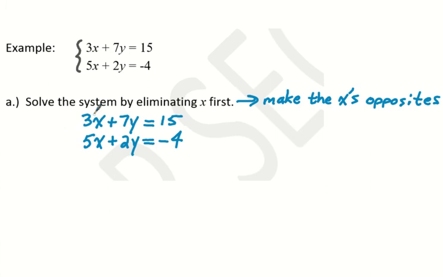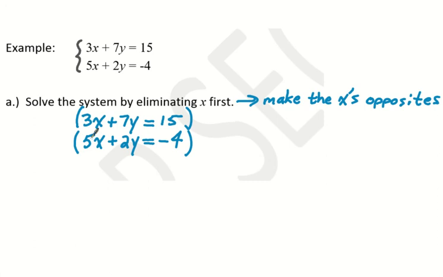So here's what I am going to recommend we do. If we're in this kind of situation, 3x and 5x, we need to multiply both equations by something. What could I turn 3x into? What could I turn a 5x into, so that they're the perfect opposites of each other?